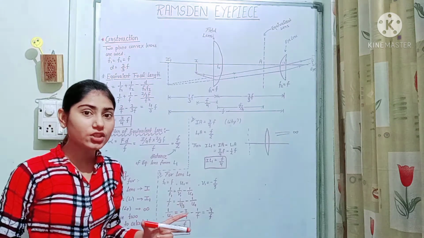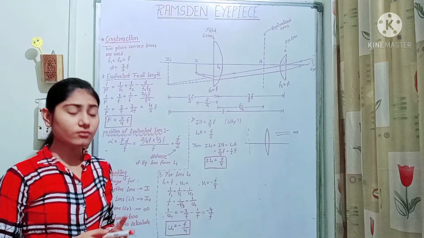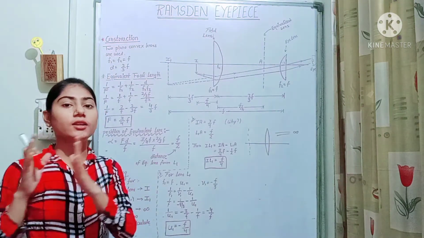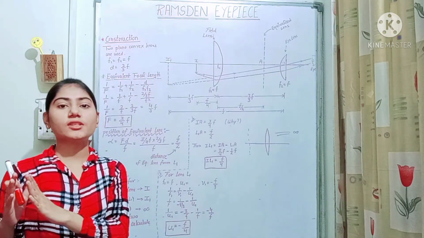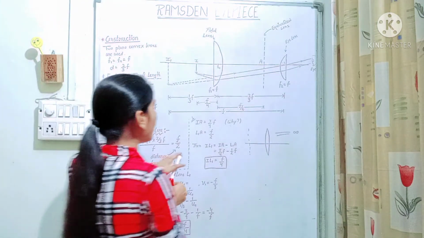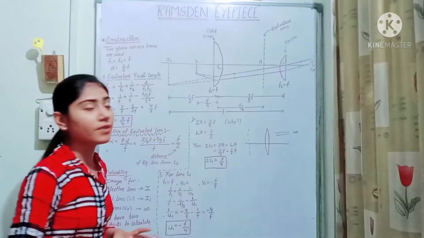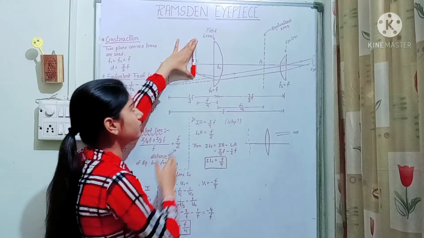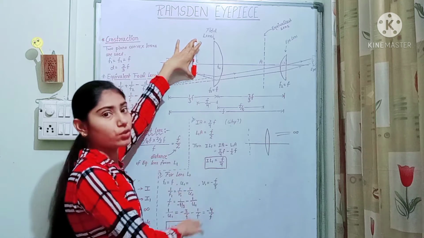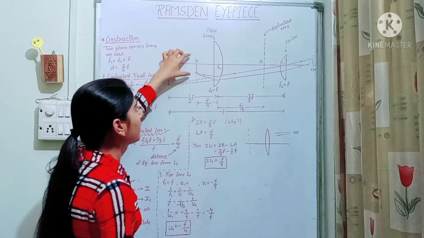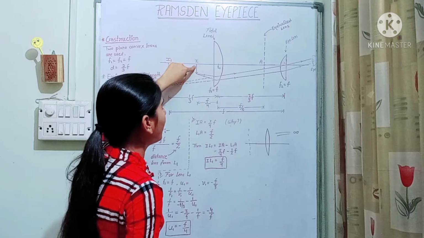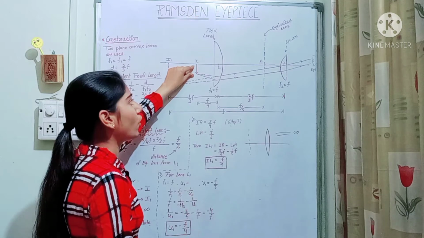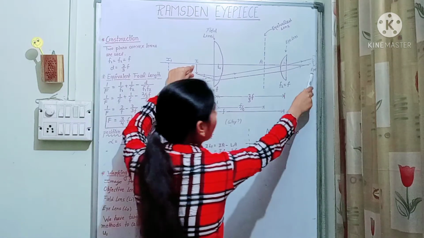And what is our second condition? Our second condition is that the image of the crosswire and the image of the object are both formed at the same distance. Our final image is formed at infinity, and if we put our crosswire here, then the image of the crosswire is also formed at infinity, because at that particular point, if we place any object, its image is formed at infinity.